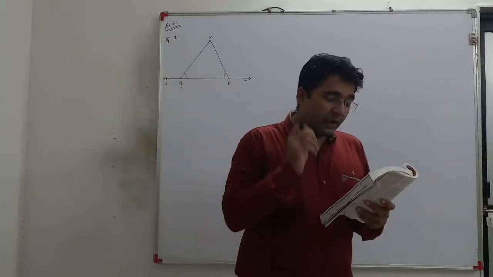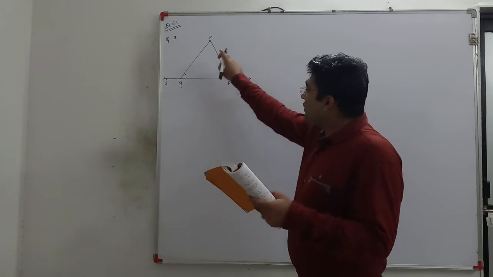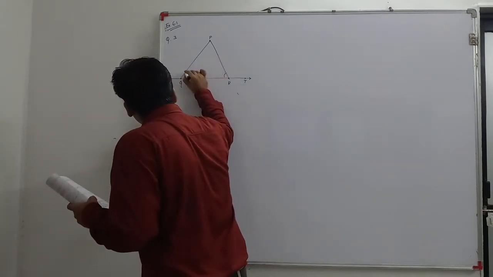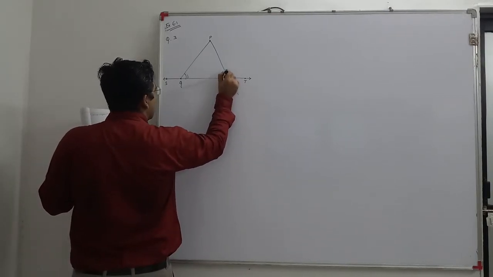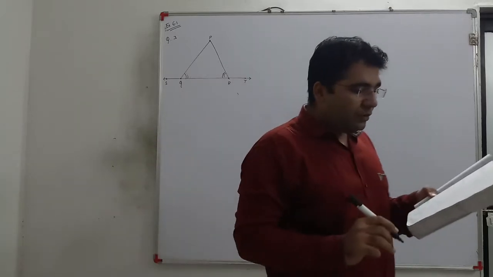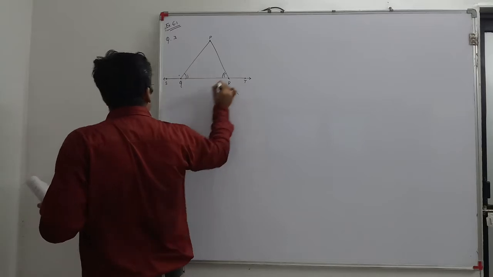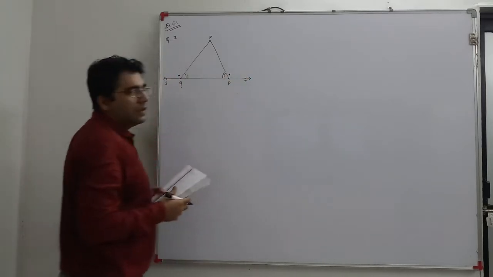Let me see question number 3. What is question number 3? It says that in figure 6.15, angle PQR and angle PRQ are equal. Then prove that angle PQS and angle PRT are equal.